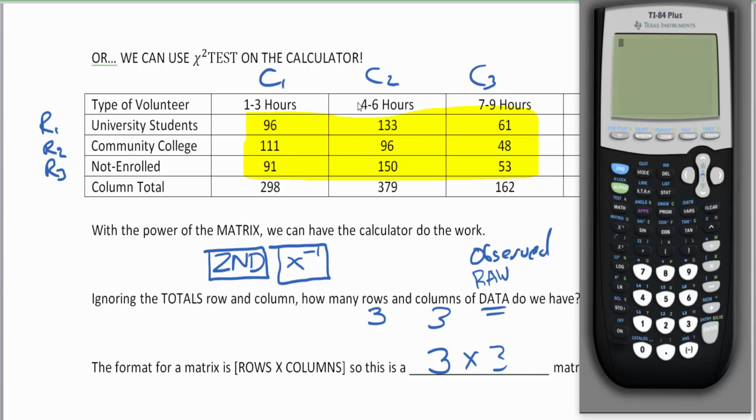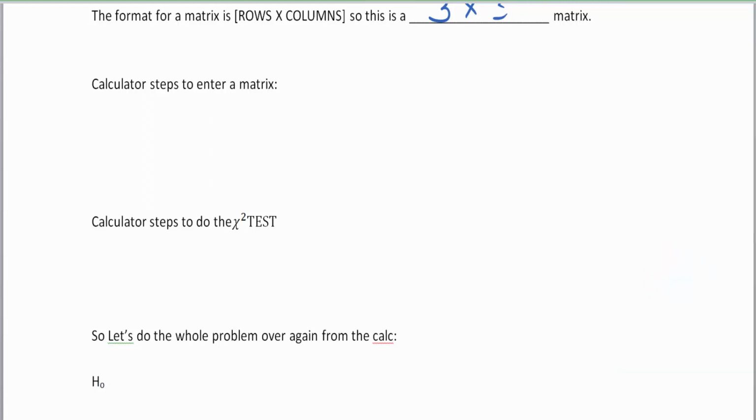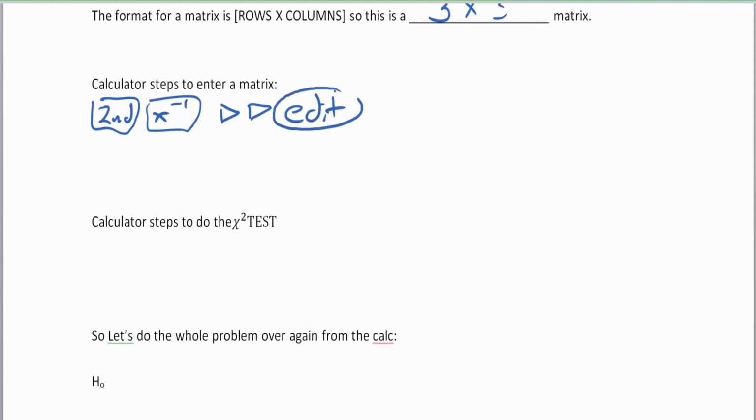So let's scroll down. The calculator steps to enter the matrix. Okay, I'll just give you some brief instructions here, because again, there were so many clicks you needed to do. After you did your second X to the -1 key, you got to move over to edit. And edit was an option setting right there.